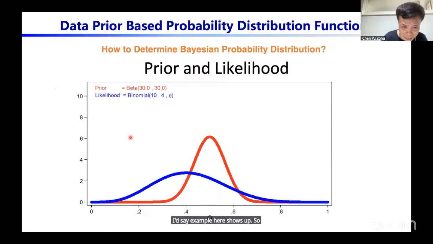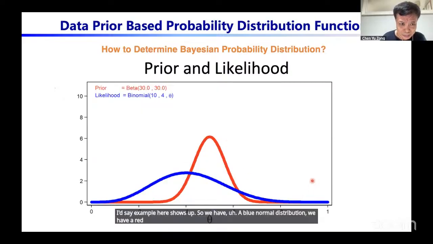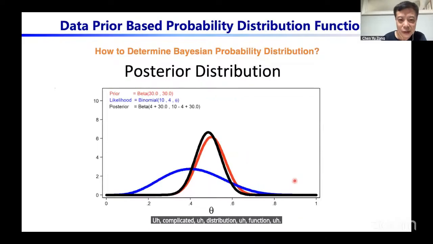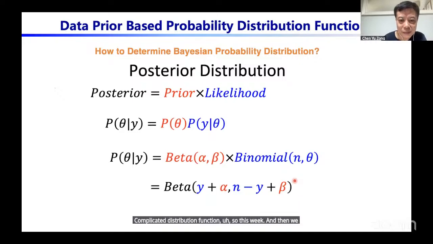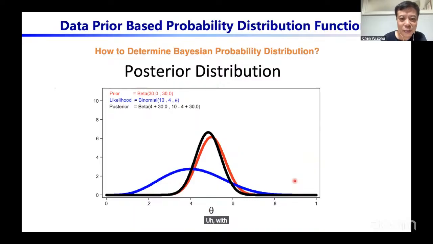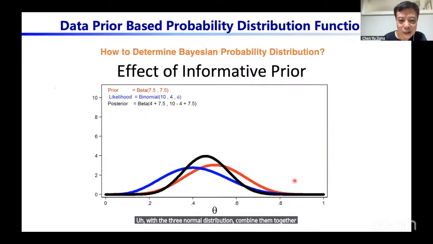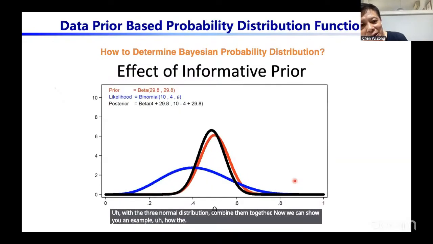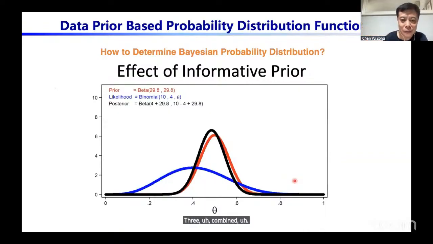So we have a blue normal distribution, we have a red normal distribution, and then we combine them together to form a more and more complicated distribution function. And then we can make it even more complex, with three normal distributions combined together. Now we can show you an example of how the three combined look. So it's these kinds of things.